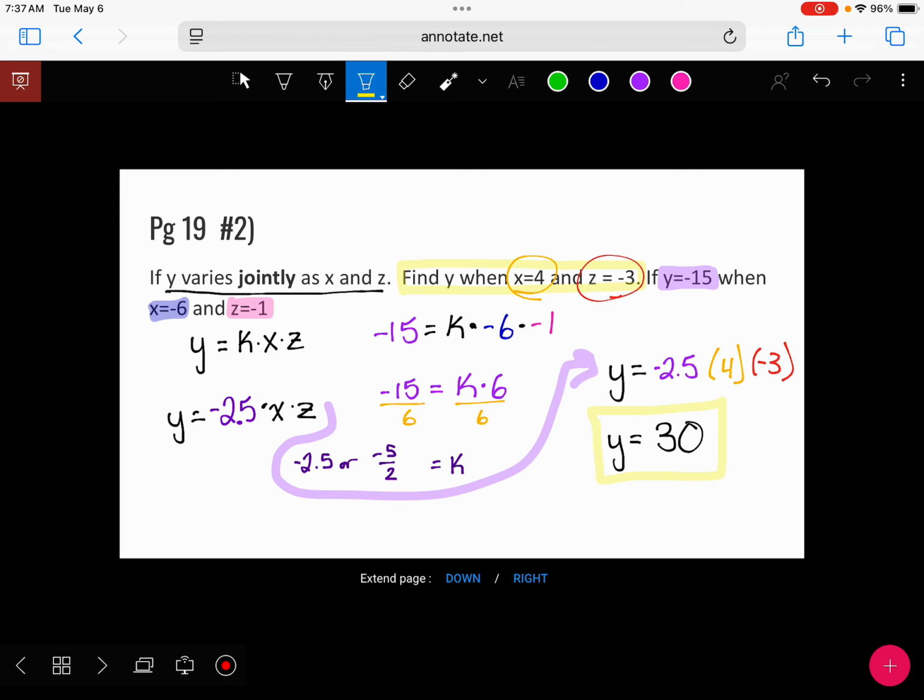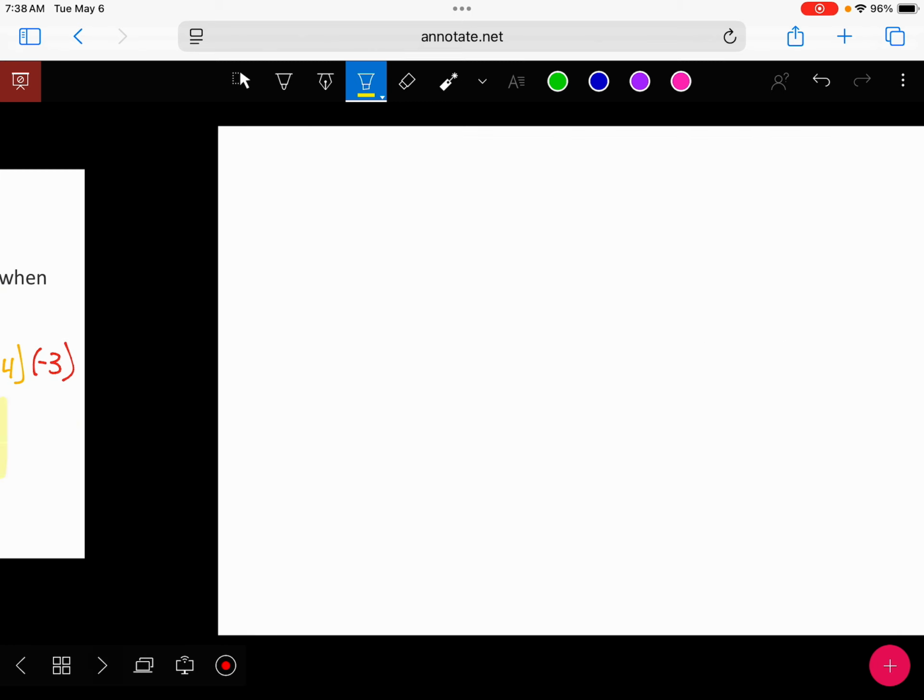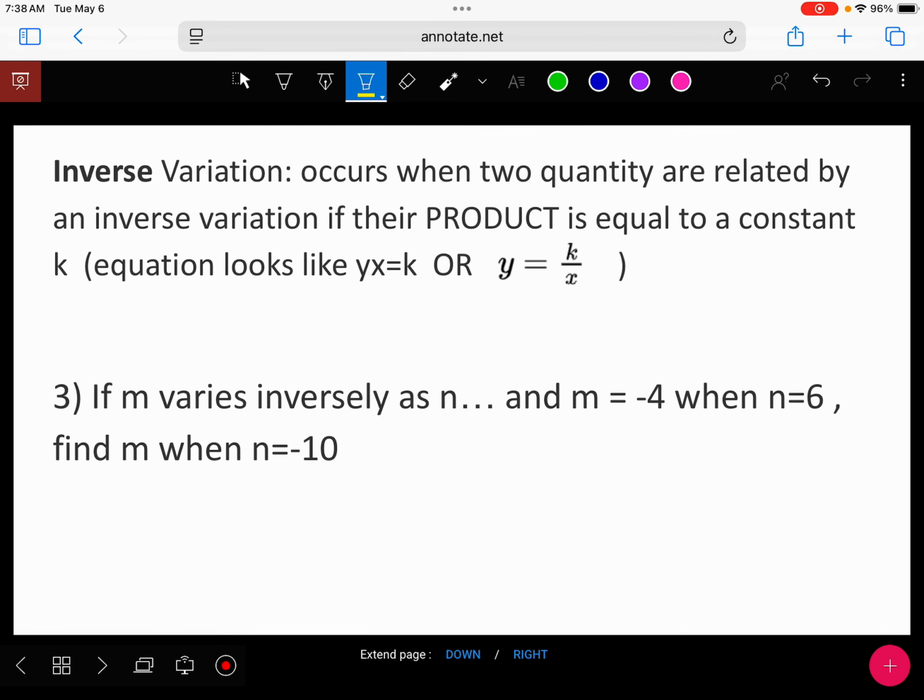So our inverse variation means that the two variables times together equals some number. So the way we can write our inverse variations look like this.